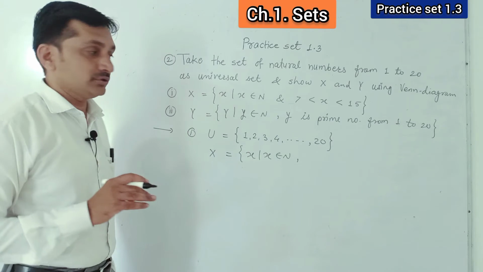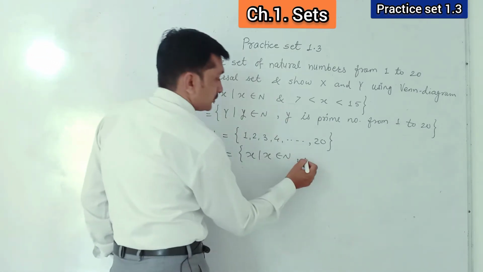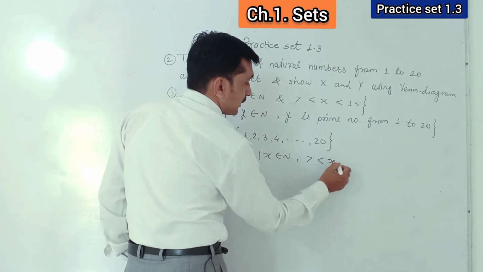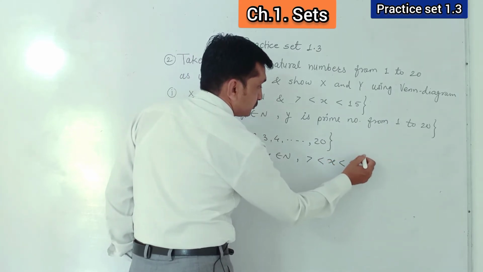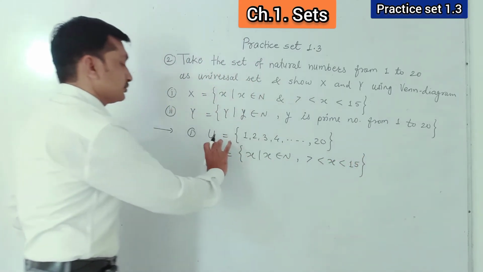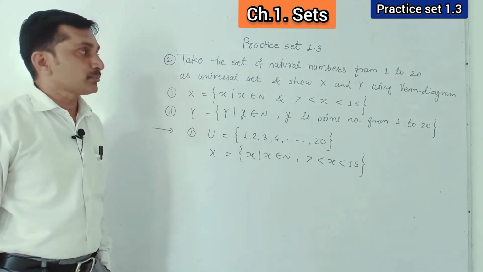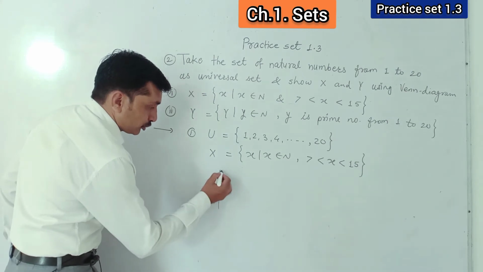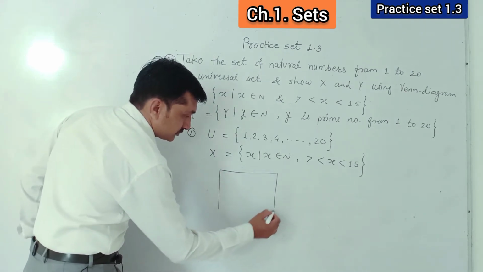X is also natural, but not all. X is greater than 7 and less than 15. We have to show this set by Venn diagram. Now, for the universal set, we use a rectangle.